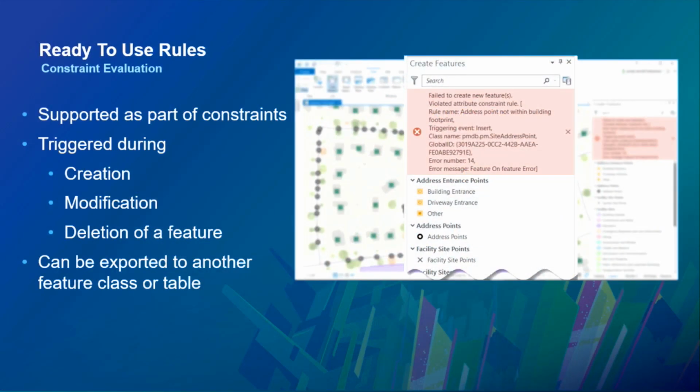So as I said, ready-to-use rules at 2.3 for reviewer are supported only as part of the constraint workflow. So they are triggered during the feature edit process, which could be an insert, creation, update, or a deletion. It's important to note, sometimes when you create a cross-layer rule, a rule that says this feature should not intersect this feature, the rule is established against a feature class that you want to establish it against.